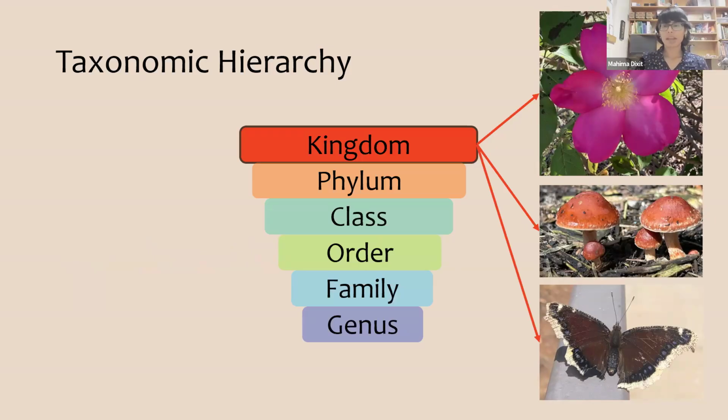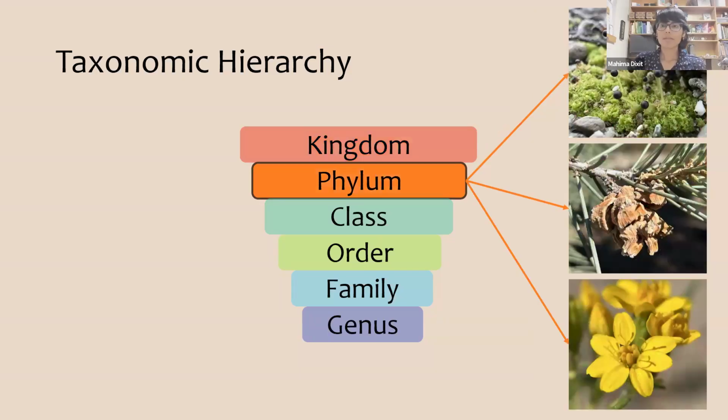So the first rank that we have is kingdom, and this is where we have our kingdom of plants, of fungi, of animals, and others that I've not pictured include, like, of archaea, for example. But given that we are in the Nevada Native Plant Society, the kingdom that we'll be staying in today is the plants. Next down, we have the phylum, and within the plant world, some of the main phyla are of the bryophytes at the top.